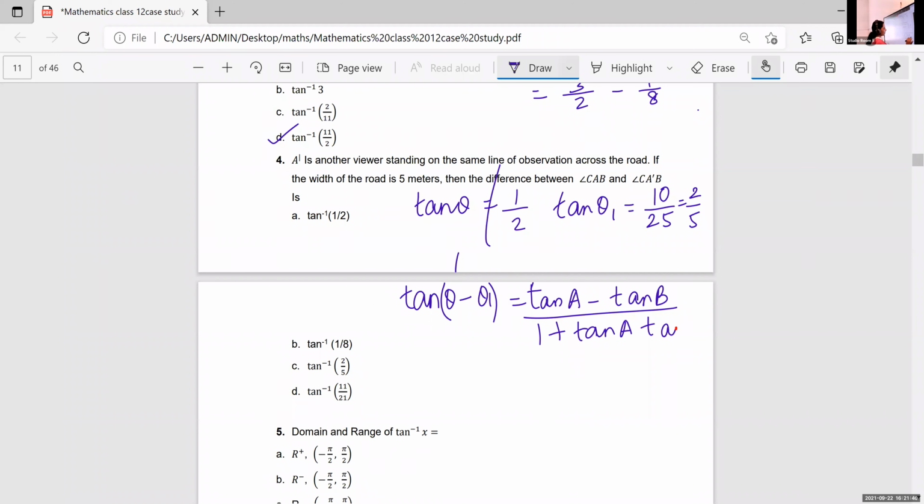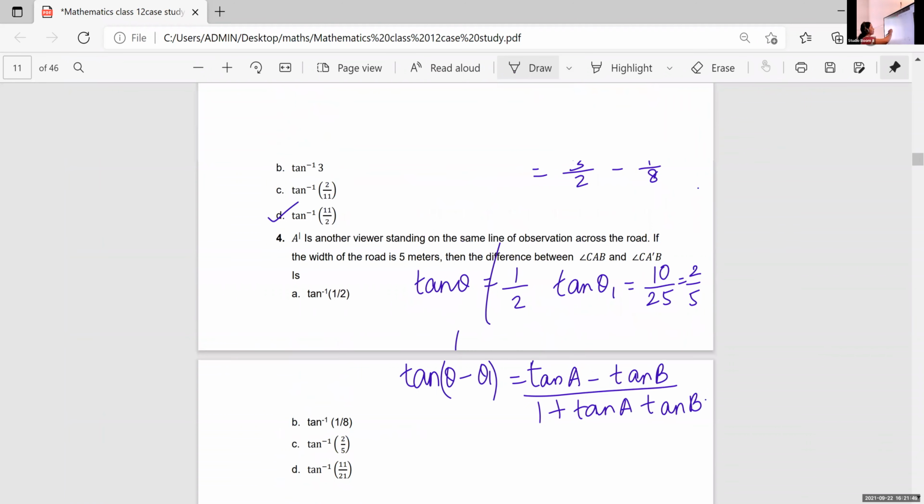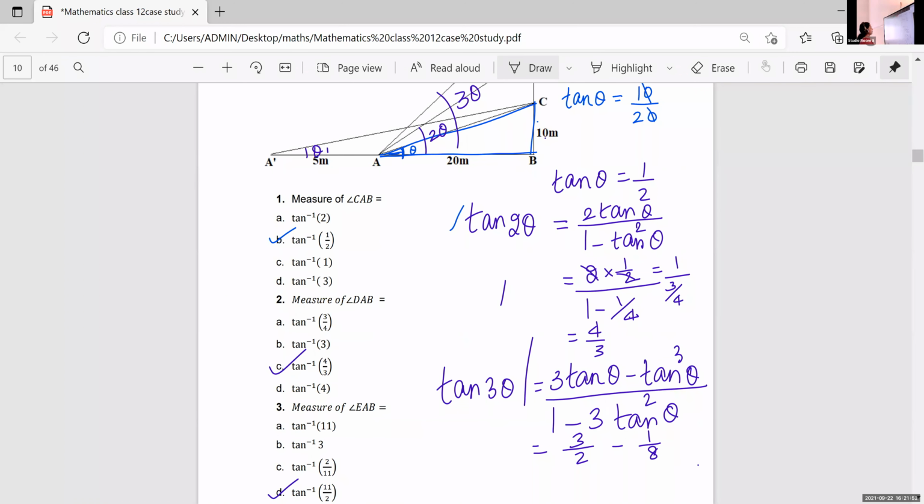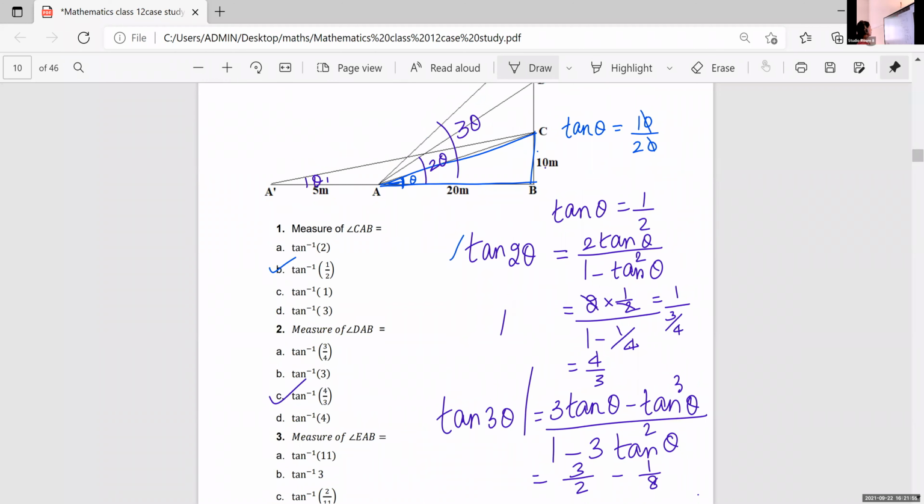Now from the figure, can you compare which one will be bigger, whether theta 1 or theta? Do we have to do theta 1 minus theta or theta minus theta 1? You are learning this in trigonometry.